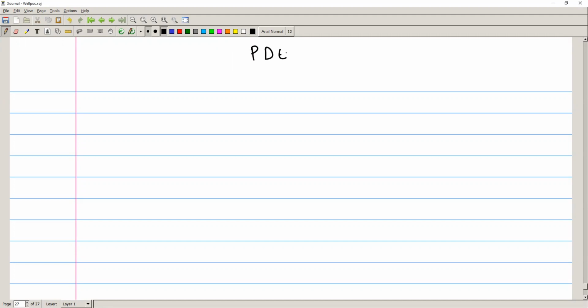So today we are going to discuss some more important methods to solve the heat equation with non-homogeneous boundary conditions. So we know that the heat equation with non-homogeneous boundary conditions, and of course it's a non-homogeneous heat equation.